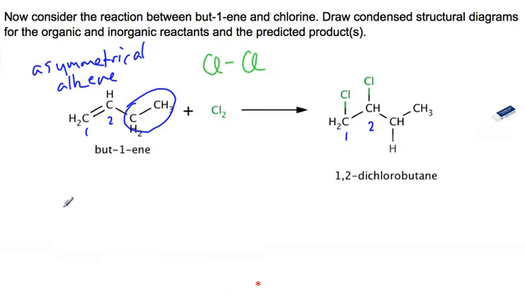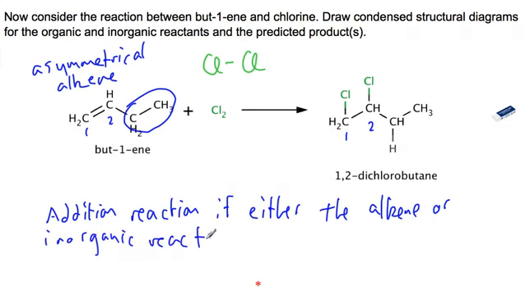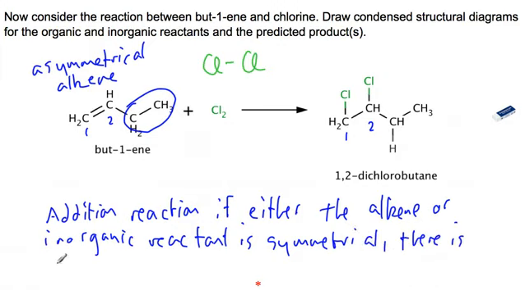So in a nutshell, when you talk about symmetry and asymmetry in an addition reaction, if either the alkene or the inorganic reactant is symmetrical, you only get one possible product, ever a single product.